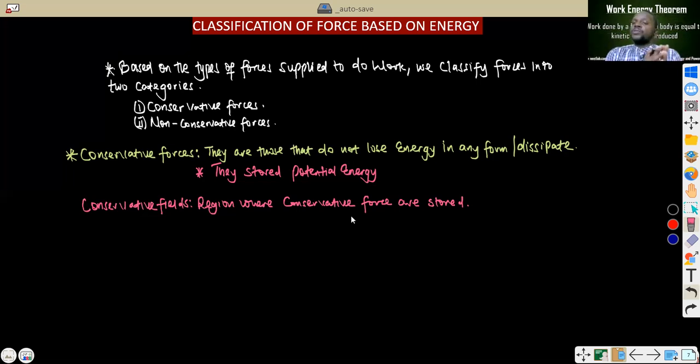So what we are trying to say is that if we are supplying a force, a conservative force, to do work, what happens to the potential energy?